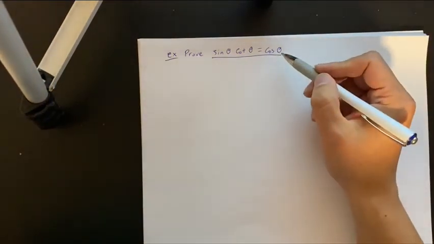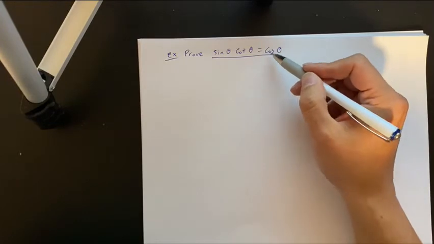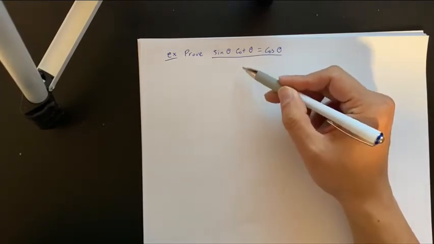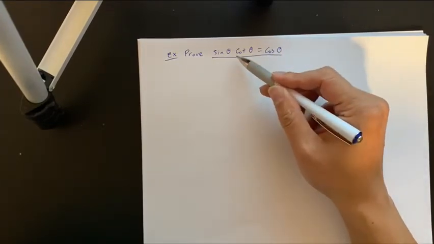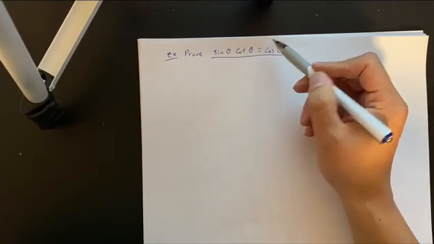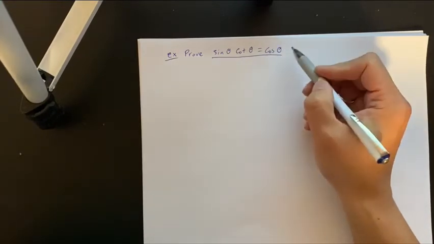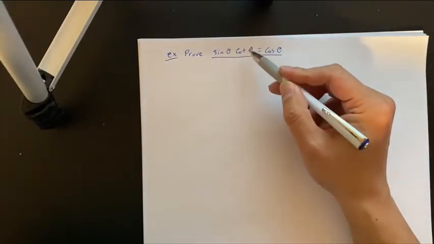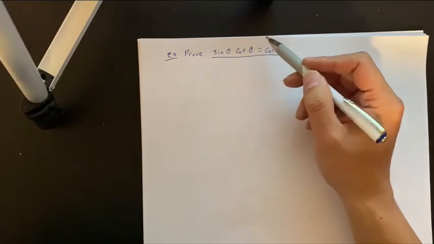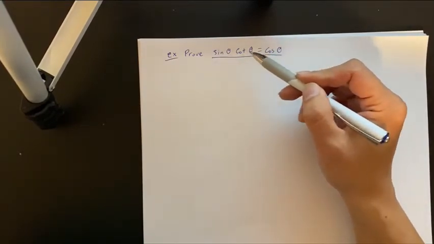Okay, so in order to prove this, you can't assume that the equation is true, and so you can't just start off by writing the equation. You have to start on one side and work your way to the other side. You can select the left side to begin with or the right side. A wise choice would be to pick the side that is the most not simplified, the one that has a lot to work with.